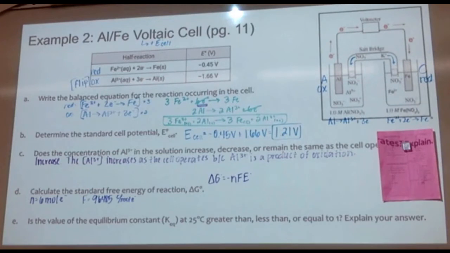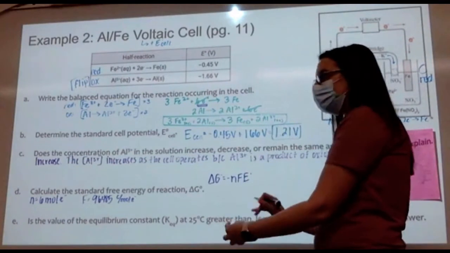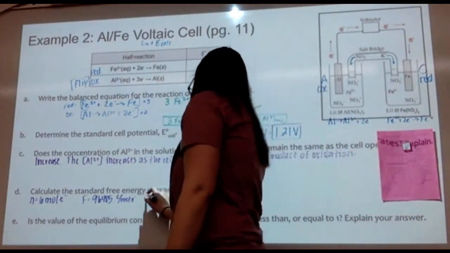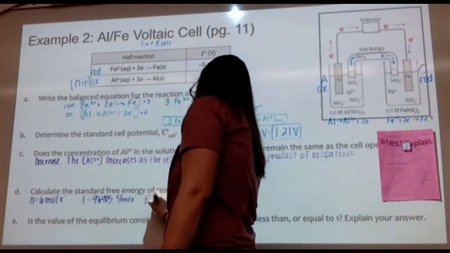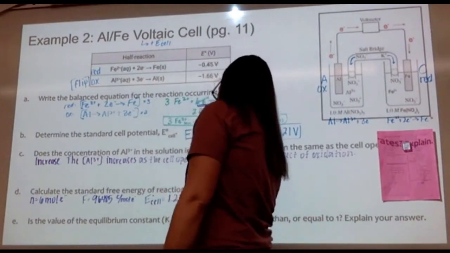Coulombs are a unit of charge. Right underneath it tells you 1 volt is 1 joule per coulomb, which is why all of our units end up working out. And then E, we just calculated. So E naught of cell was 1.21 volts.